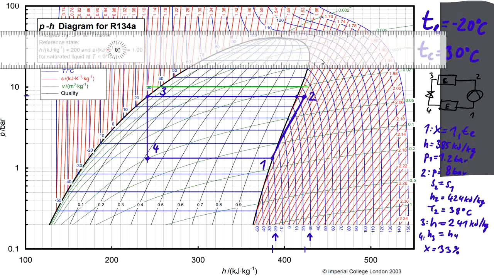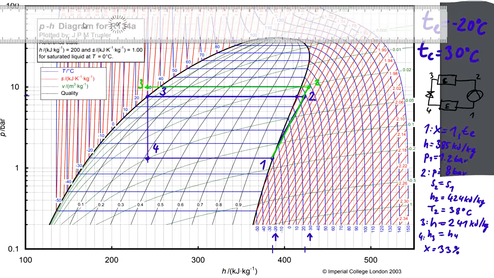So it would have the same point 1, then the point 2 would be over here, and the point 3 would be again 5 degrees above the ambient, which is at the intersection with the isotherm 30 degrees C over here, and then the expansion to the point 4 would be again the same.